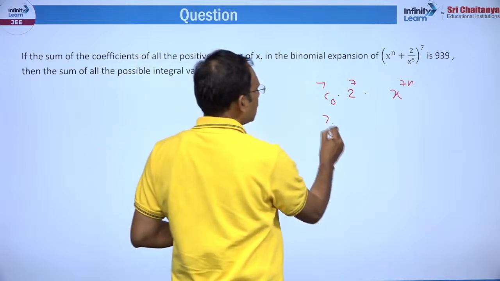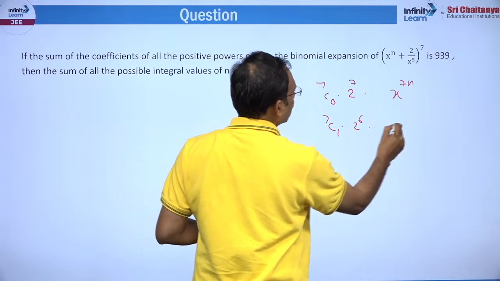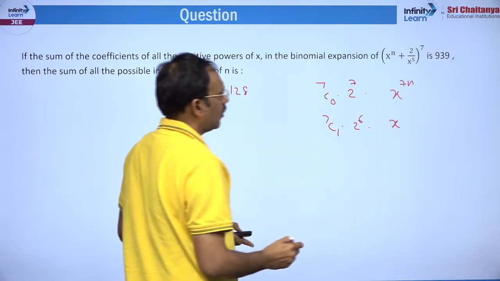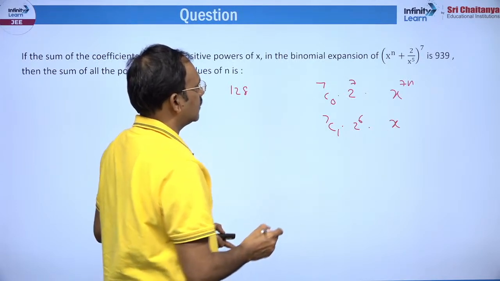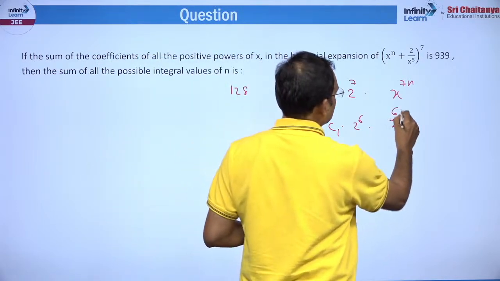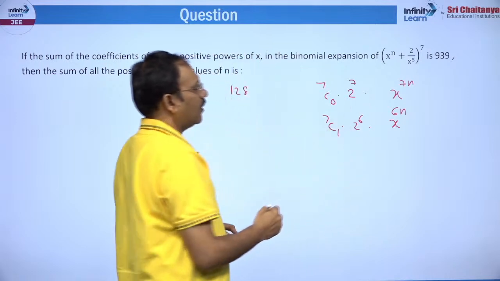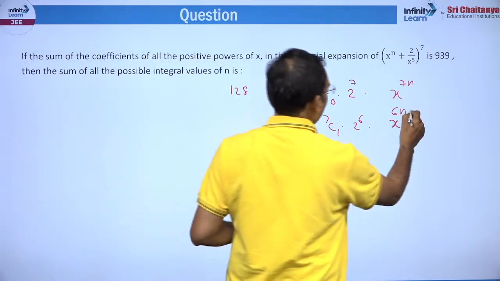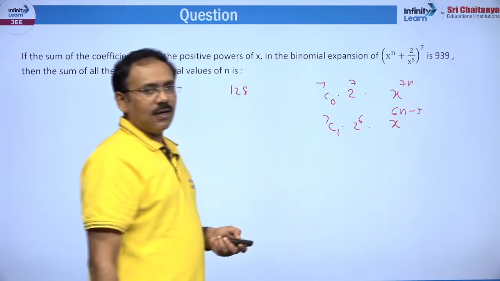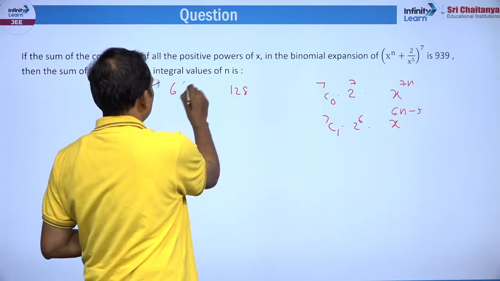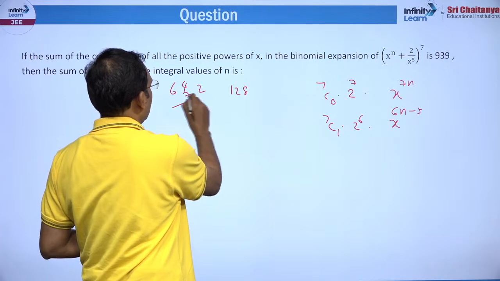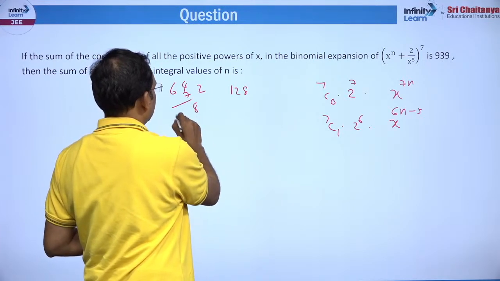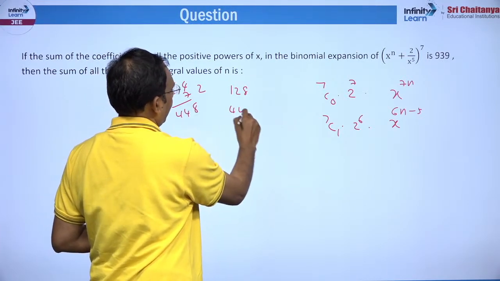Second, 7c1 into 2 power 6, x to the power of 6n minus 5. So, here 64 into 7 you have to take, 448, right.